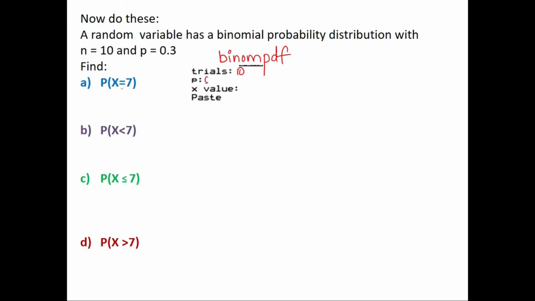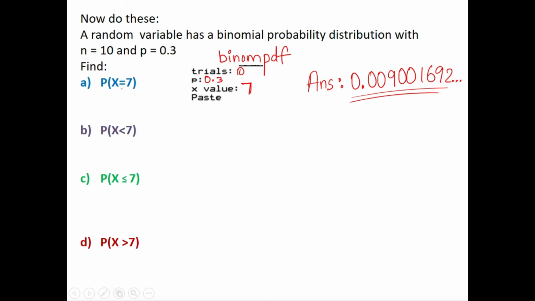The probability here is 0.3, and the x value here is going to be 7, and you just press enter twice, and in your GDC you get the answer as 0.009001692. I'm writing the complete calculator display so that you know you're getting the right answer.